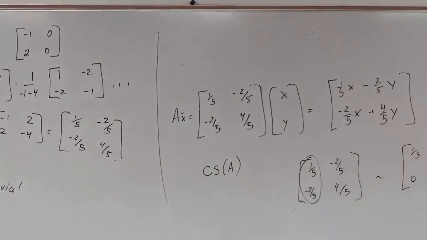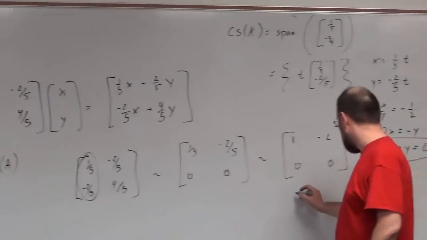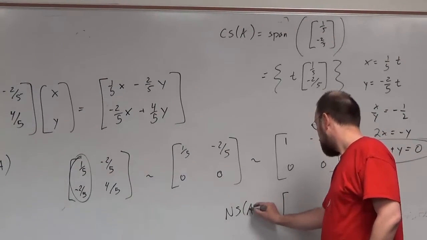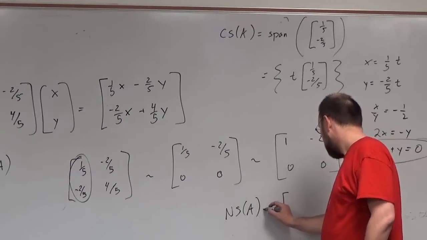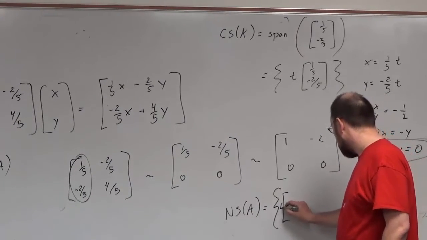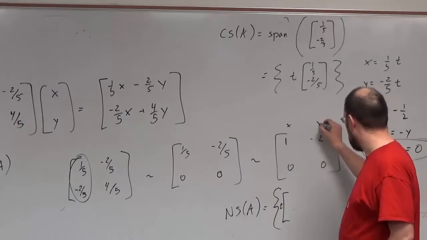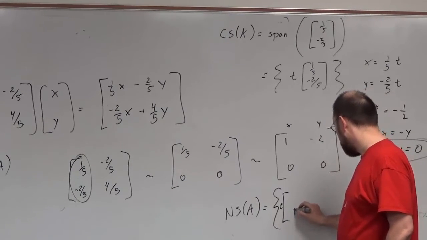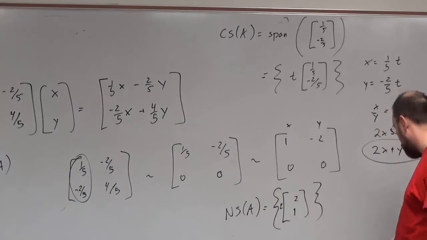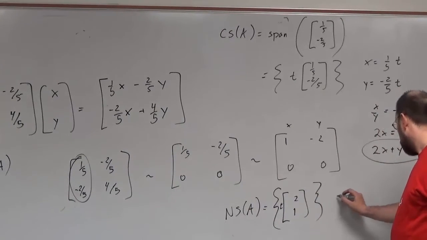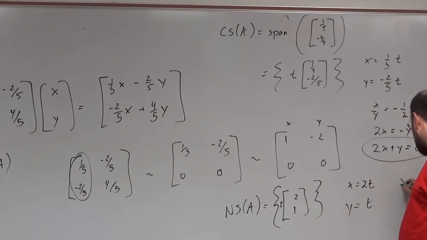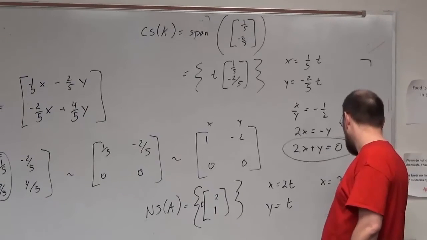If this is row reduced, the null space would be any multiple of, say, if y is 1, x would have to be 2. It's the span of the vector (2, 1). So x is 2t, y is t. Therefore, x equals 2y.